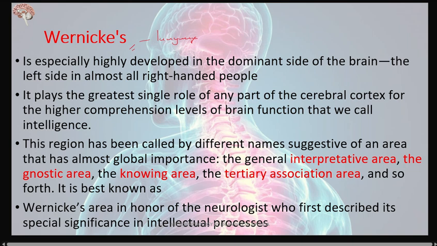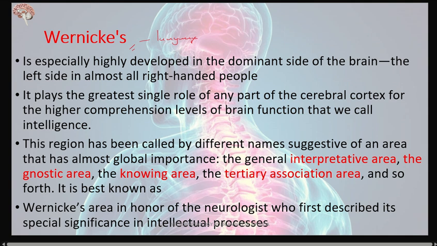So maybe some of the things that you should know about the Wernicke's area: because we have two cerebral hemispheres, it is obvious that we have Wernicke's in the right and also in the left part. Remember, most people in the population are likely to be right-handed, so the dominant part of their brain is normally on the left. This is also true for Wernicke's: if you compare the right and left cerebral hemispheres, the Wernicke's area is likely to be highly developed in one and underdeveloped in the other.